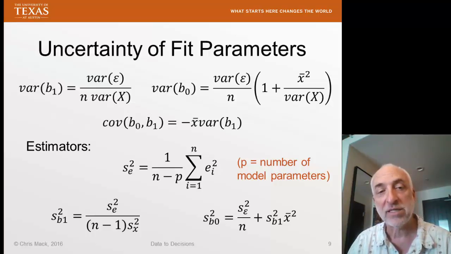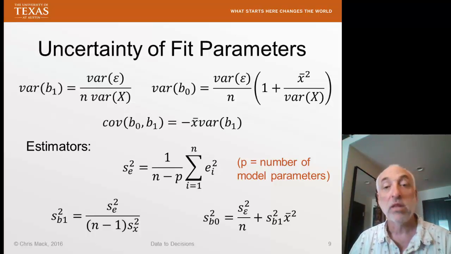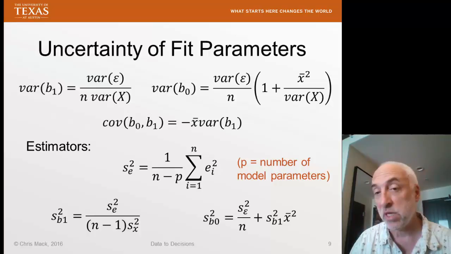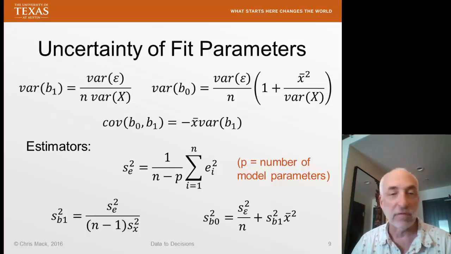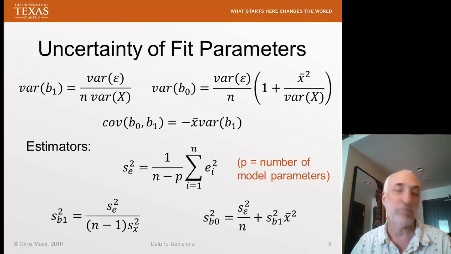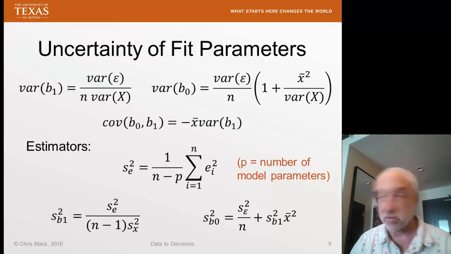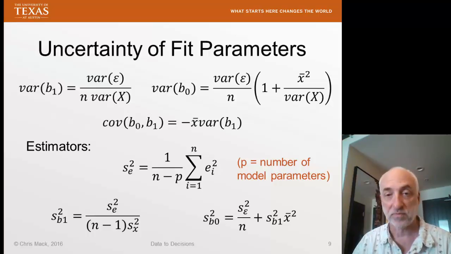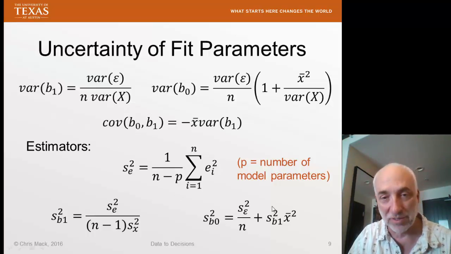Here, when we calculate the standard deviation of residuals, or the variance of the residuals, if we don't take the square root, then we divide by n minus p, where p is the number of model parameters. So always remember that. You'll have lots of opportunities to calculate the variance and the standard deviation of the residuals. Make sure you always divide by n minus p instead of n or n minus 1, as you might think to. All right, quick minus 2 on every one of your homework problems and exams if you don't do n minus p.